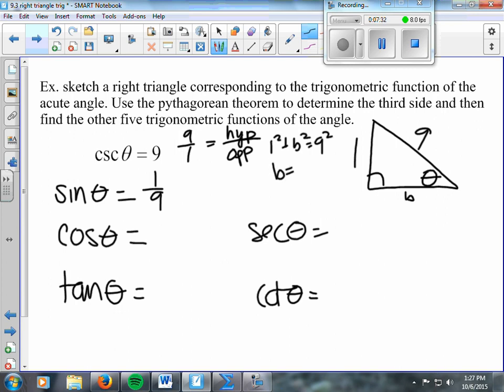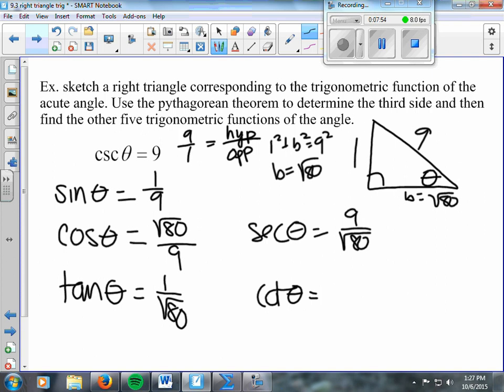So b is the square root of 80. Radical 80. And so now I know the cosine. That would be the adjacent over the hypotenuse. And the secant will be hypotenuse over adjacent. The tangent is opposite over adjacent. And the cotangent is adjacent over opposite. And there you have it.